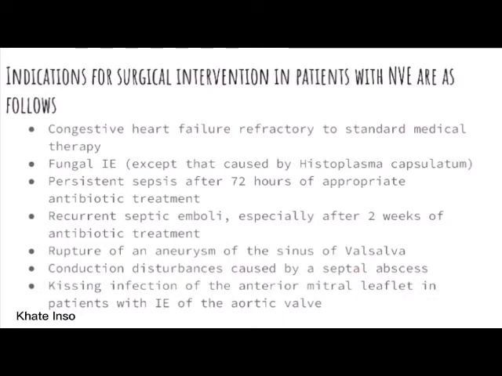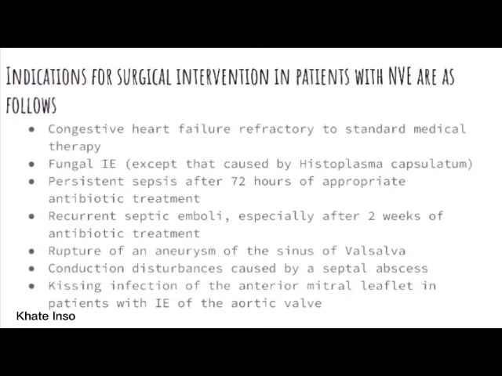As I said earlier, surgery is included in the treatment of infective endocarditis. Surgical replacement of the infected heart valve is an important adjunct to endocarditis treatment in certain situations. An example of this is a patient with acute heart failure.